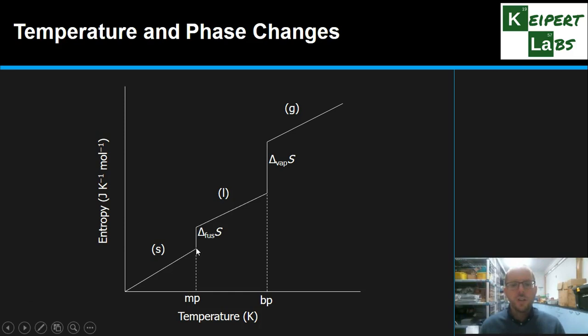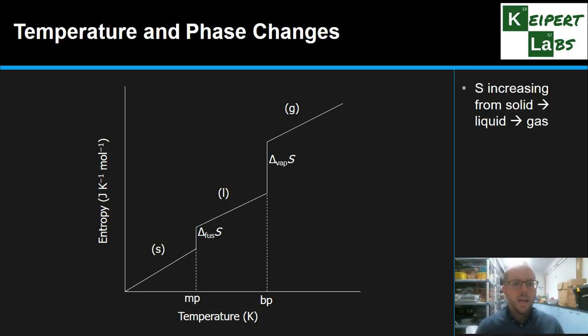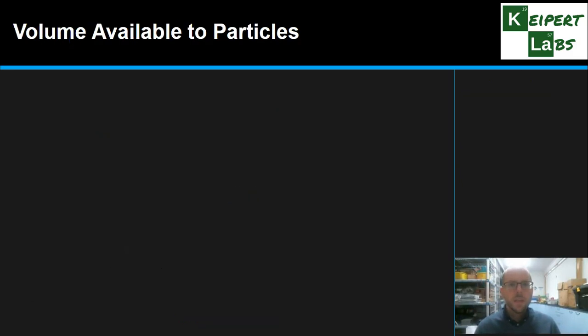Okay, because we're changing from a more ordered to a less ordered state with more microstates, more possible configurations. Okay, the change related to fusion, that is the change at the melting, and the change at the boiling or vaporization represented those little vertical sections. Okay, so from solid to liquid to gas, entropy increases.